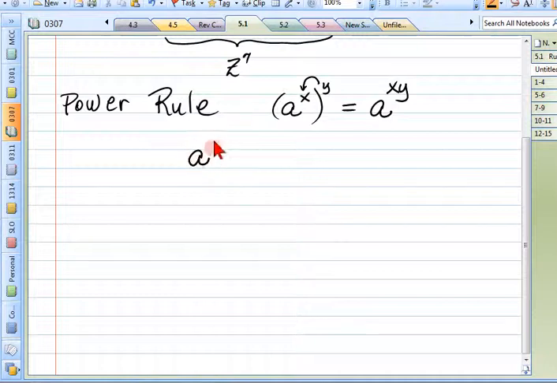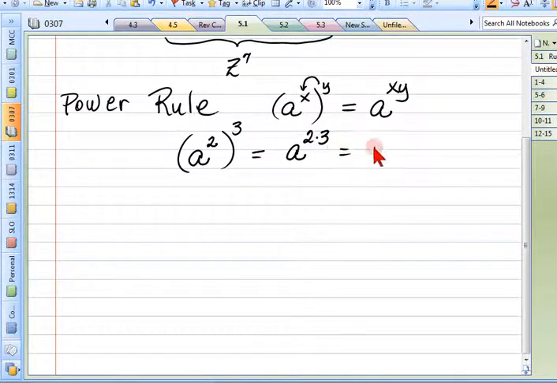Let's see if that makes a little sense. If I have a to the second, and I raise that to the third power, what does the rule say? That's a to the 2 times 3, which is a to the 6th. That's what the rule says. You should get a to the 6th. Let's see if that makes any sense. A to the second, well, we know that's a times a.